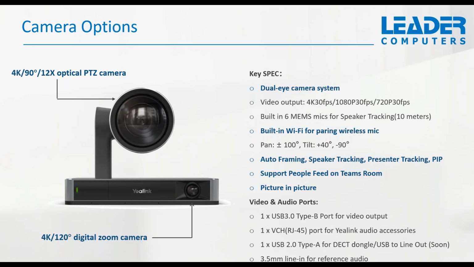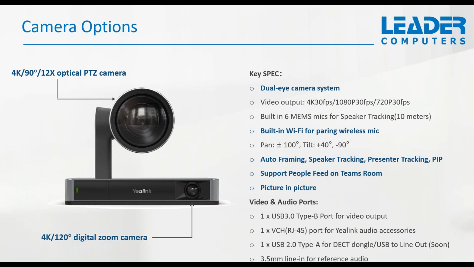Dual lens like the A30, the optical zoom camera, 12 times optical zoom, 4K camera, and 90-degree field of view. The secondary camera down in the base of the unit is 4K and 120-degree field of view.